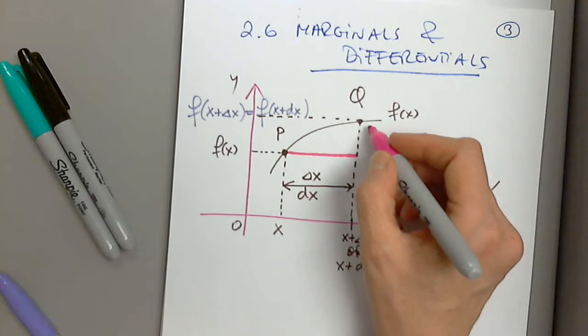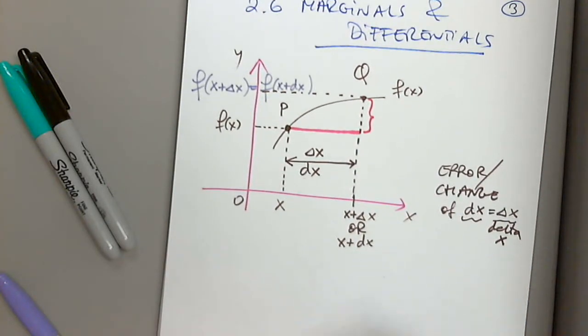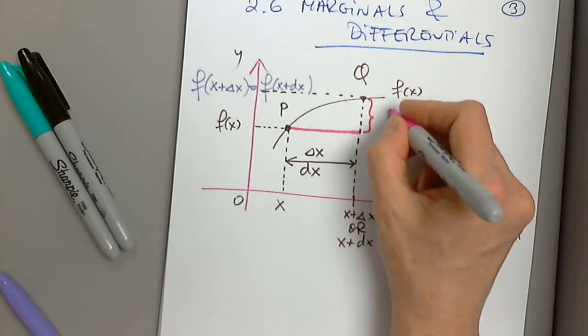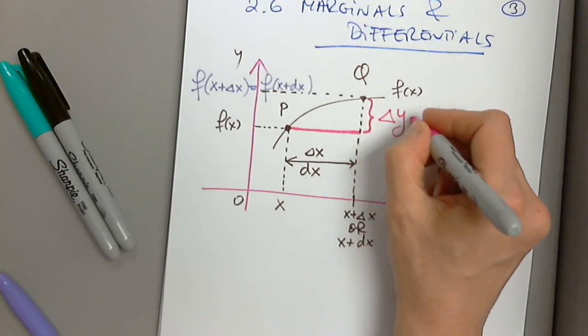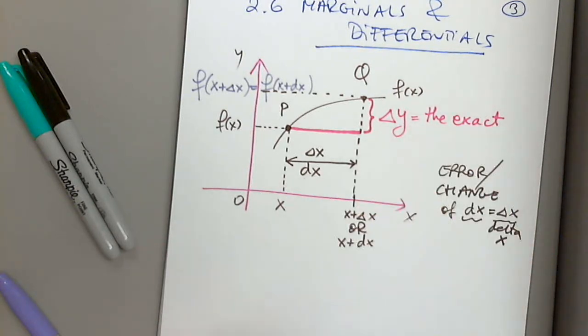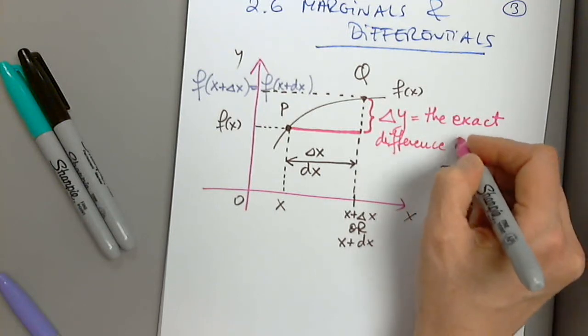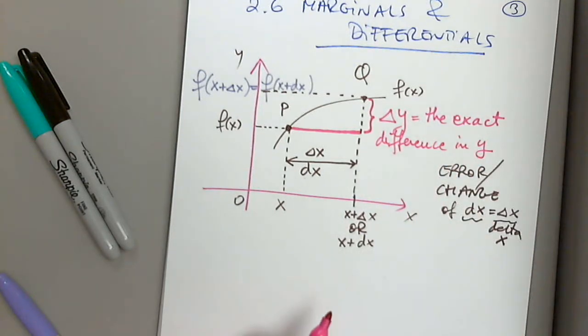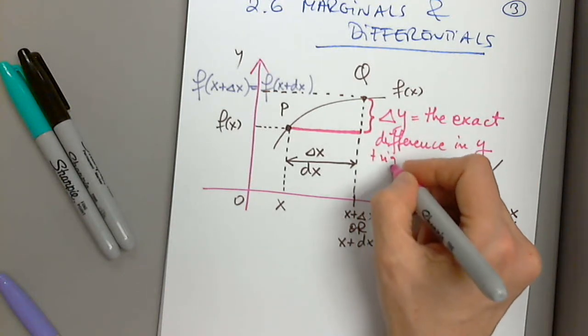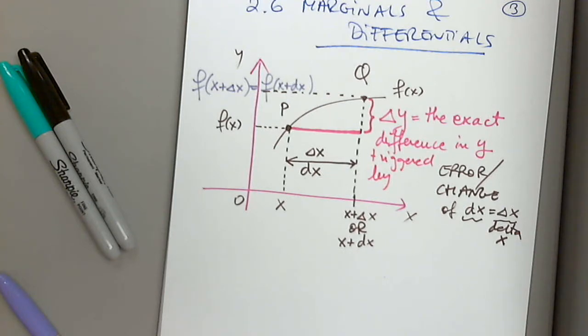And then I'm going to ask you to calculate this distance for us. Anyone? This distance is delta y, the exact error or difference in y triggered or created by delta x.